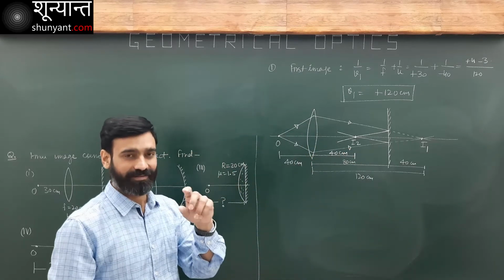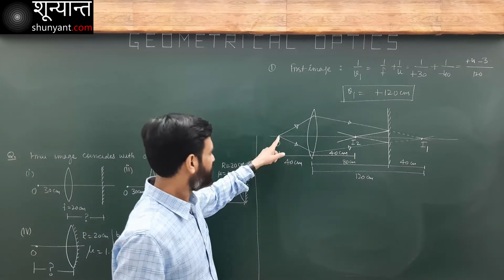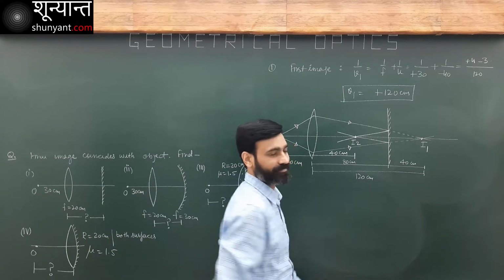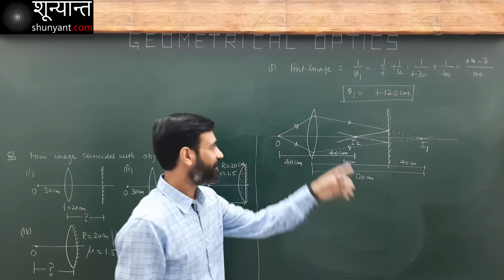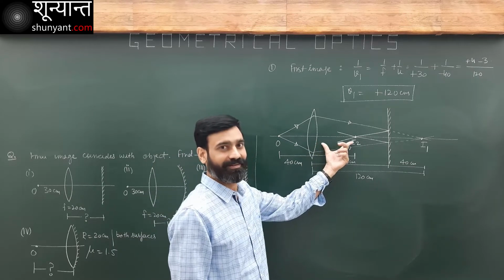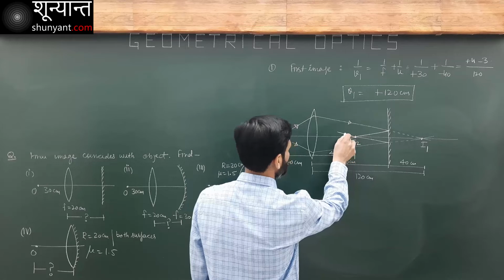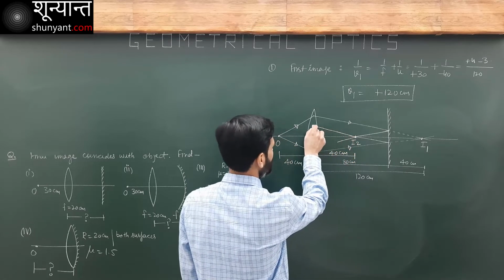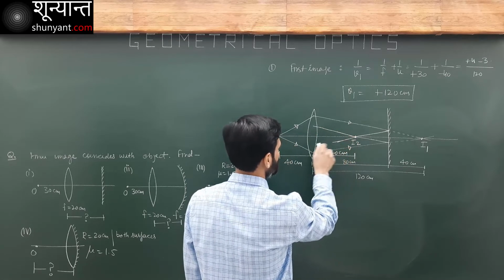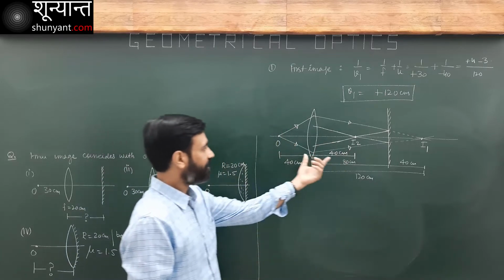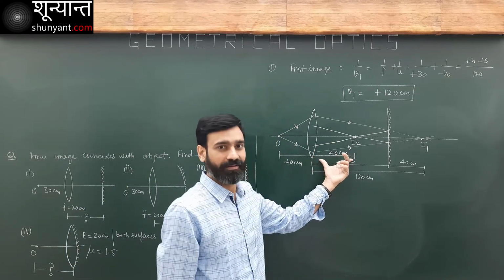Now see this. Object at 40, image at 120. Here also I have exactly the same thing. Now the light rays don't stop here. They continue moving and they hit the lens like this. Here again this object distance is 40. Where will be the image?